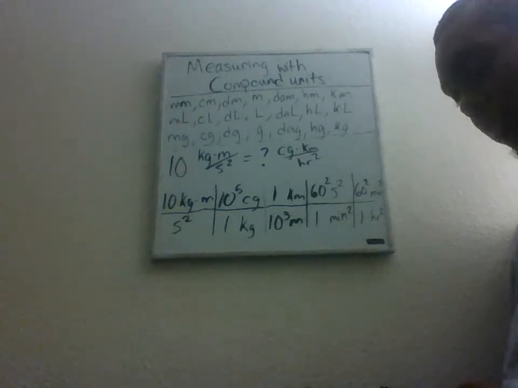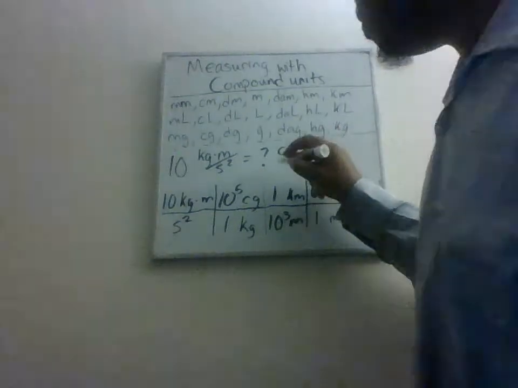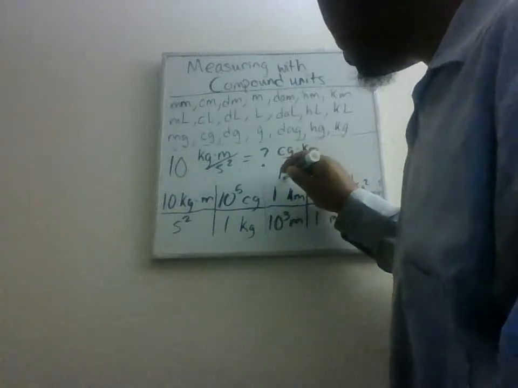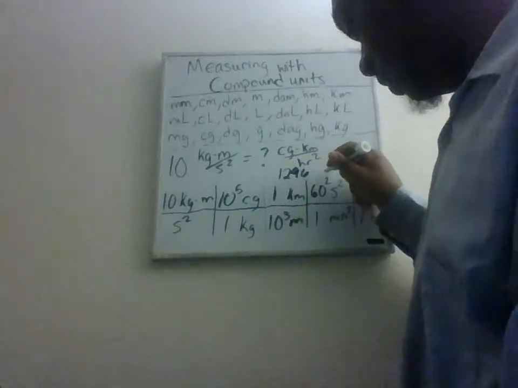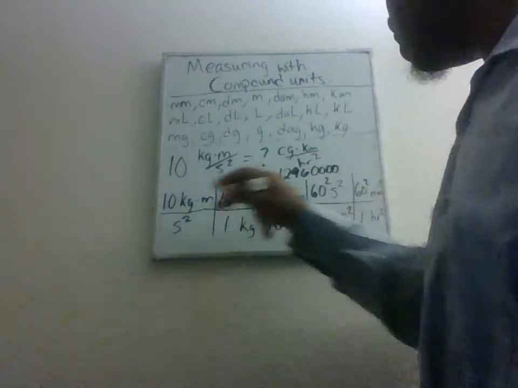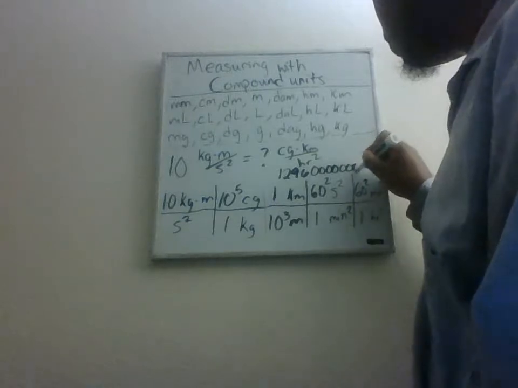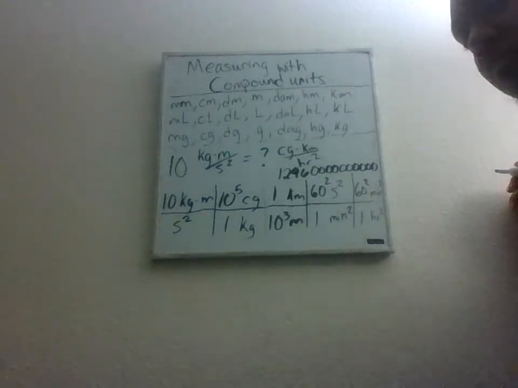So we're going to do 60 squared times 60 squared, and I get 1,296, and then I get 1, 2, 3, 4 zeros plus the 6 there. 1, 2, 3, 4, 5, 6. So I have 10 zeros following. Okay.